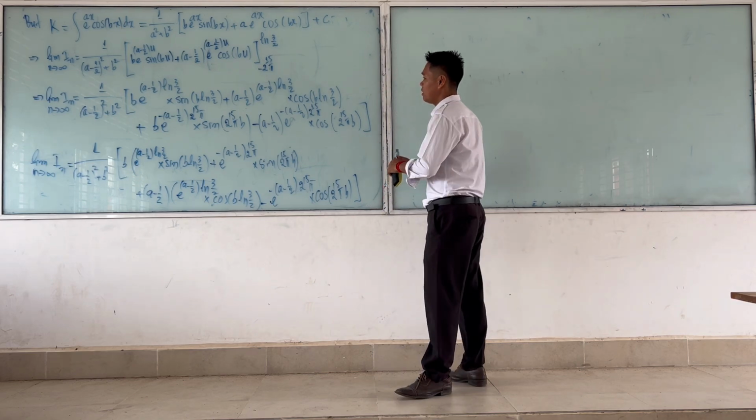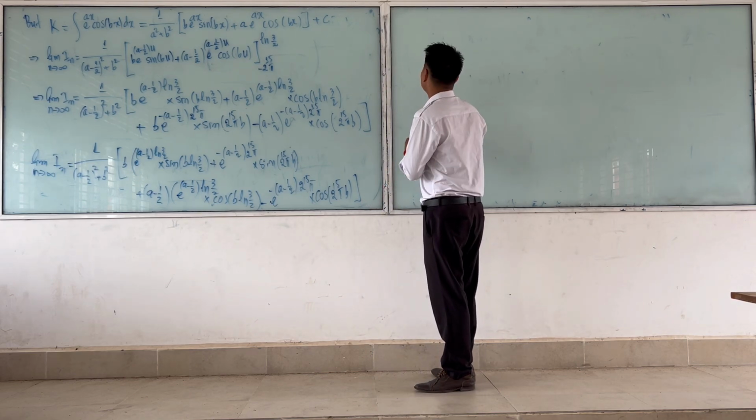And now we have to compute the limit as n goes to infinity of Jn. Okay.